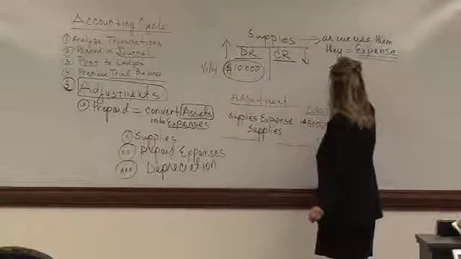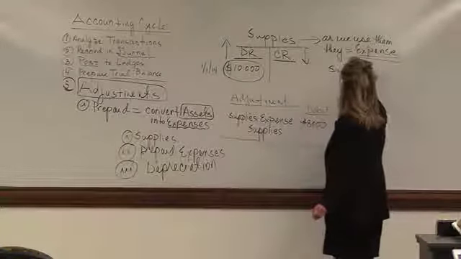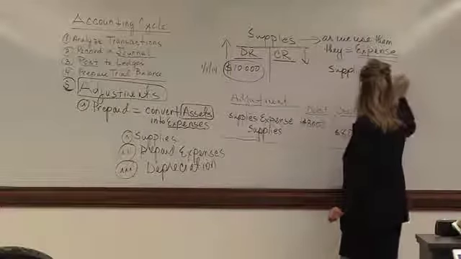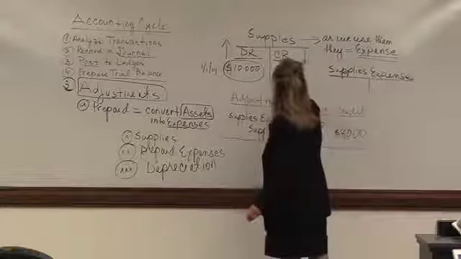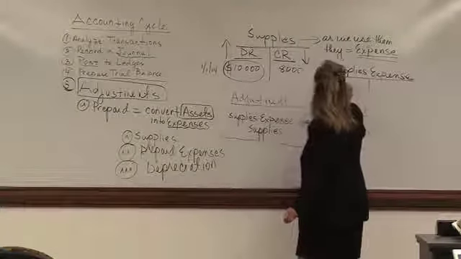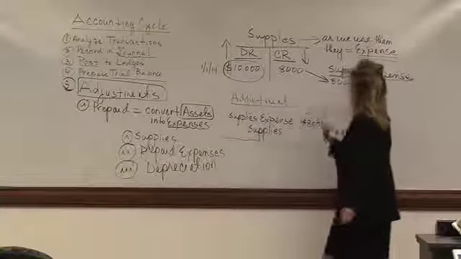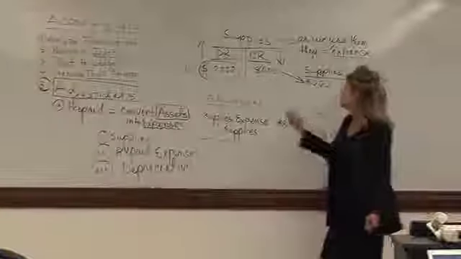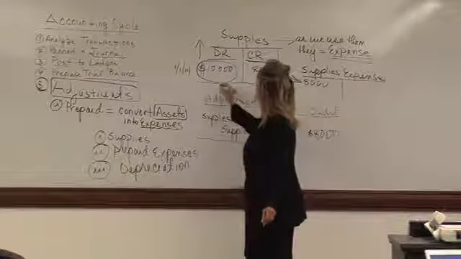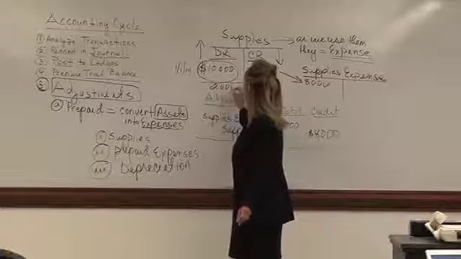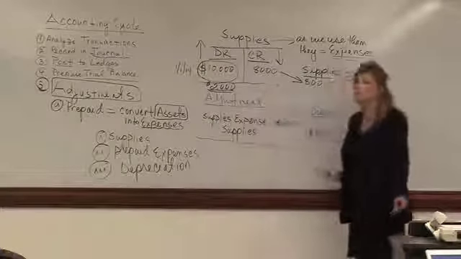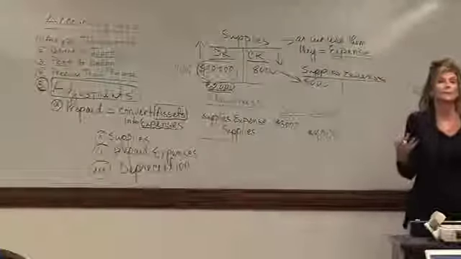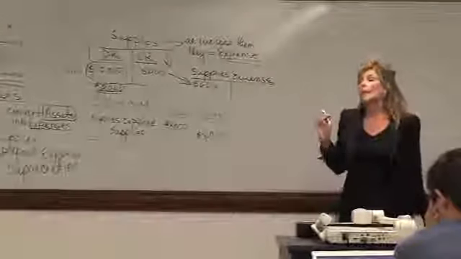And so what will happen is our asset supplies will go down, and it becomes an expense. What would remain in our asset supplies ledger would be the $2,000 worth of supplies we still have. What does that mean?